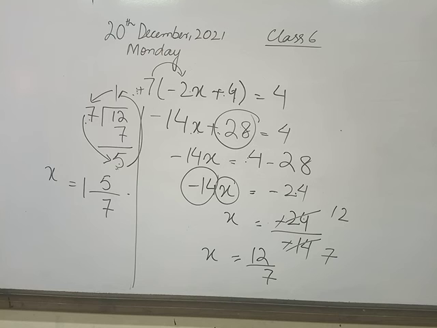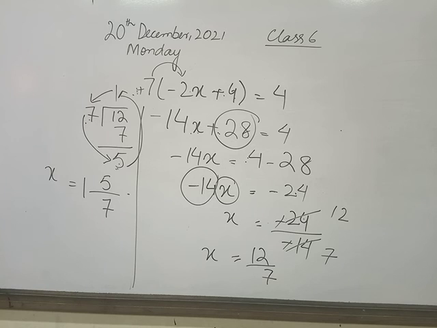Then I will shift to the next one, which is plus 4. Plus 7 and plus 4 gives 28, and the sign we will write is plus, equals 4. Now in the next step, as you look, we have 28, which is an extra term. So we will simply shift it to the next side because we only want the value of x, which is unknown. Whatever separate extra thing there is, you shift it to the next side. Very good.